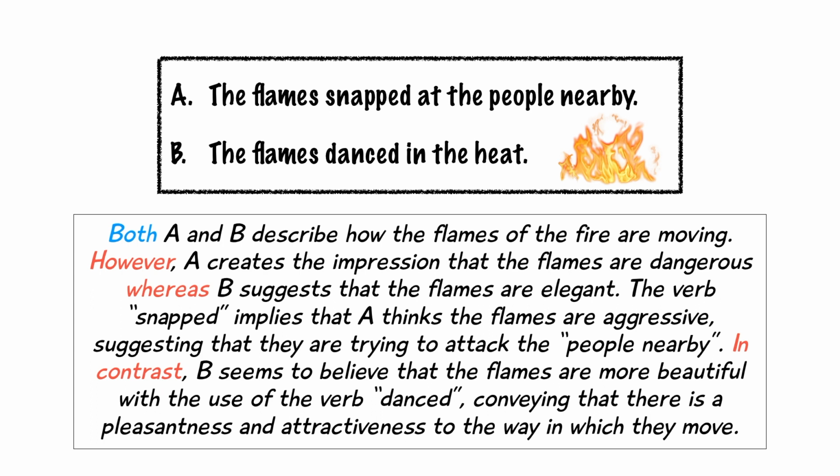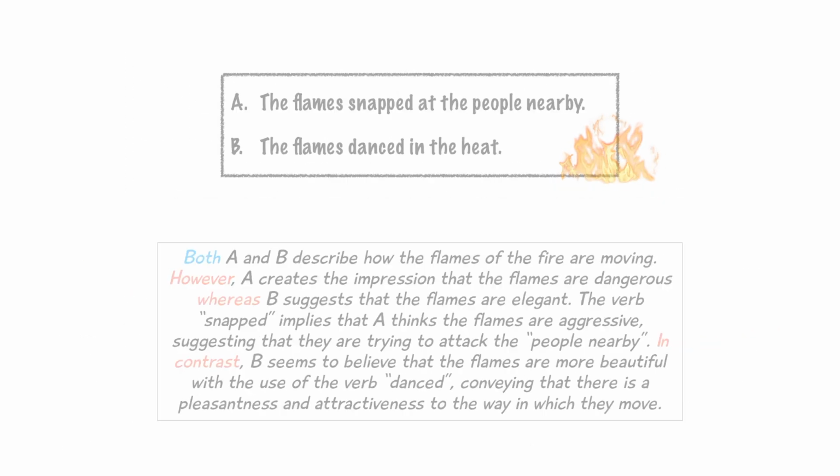In contrast, B seems to believe that the flames are more beautiful, with the use of the verb danced, conveying that there is a pleasantness and attractiveness to the way in which they move. Now, we could develop this even further and compare the two writers' intentions, or even the direct impact and emotional response that each technique has on the reader. But for now, and for this video, we'll leave it here.